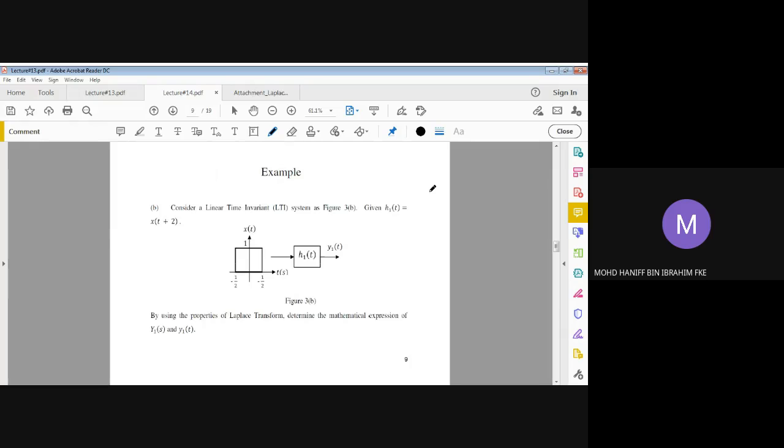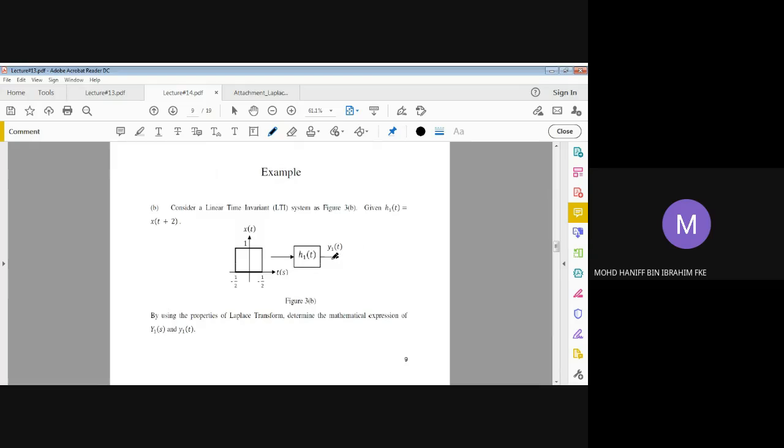This is a sample of past year's questions that involve a Laplace transformation. We are given the x(t) signal, which is a rectangular function. The range is from negative half to positive half. The signal x(t) is now the input to the system, where the system is h1(t) equal to x(t plus 2), and the output is y1(t).